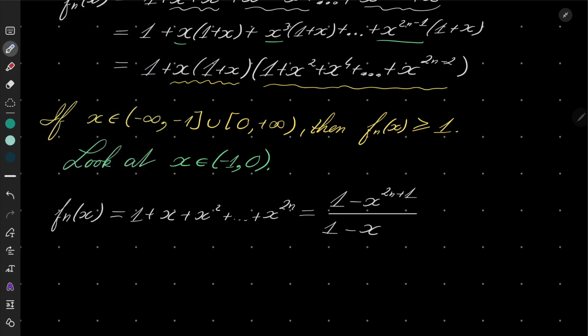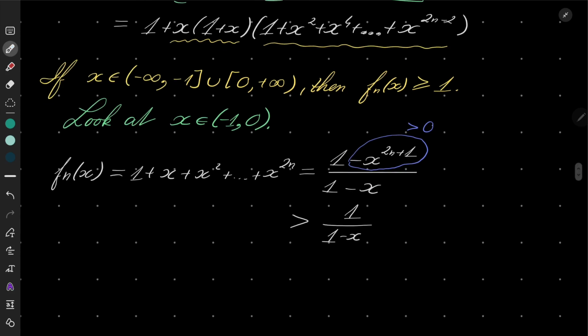First of all, this part right here, this is greater than 0. Why is it greater than 0? Well, because we are considering negative x's, and minus x to an odd power is a positive number. So necessarily this fraction is greater than 1 over 1 minus x.